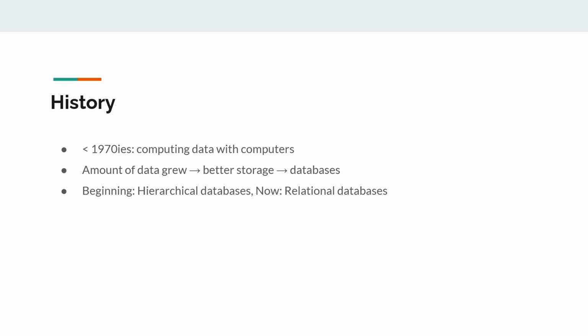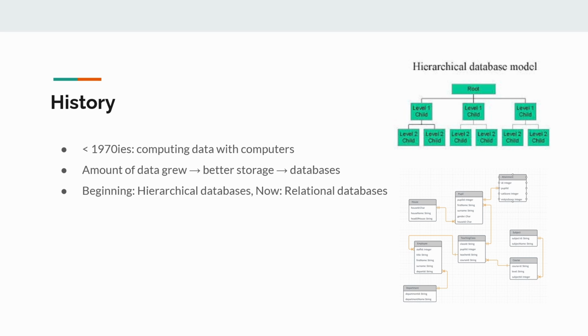So in the beginning of the database age, we had hierarchical databases. And hierarchical databases look kind of like this one at the top here. We have this root data point, and from this downwards we have children at different levels. So you can structure it like a tree.